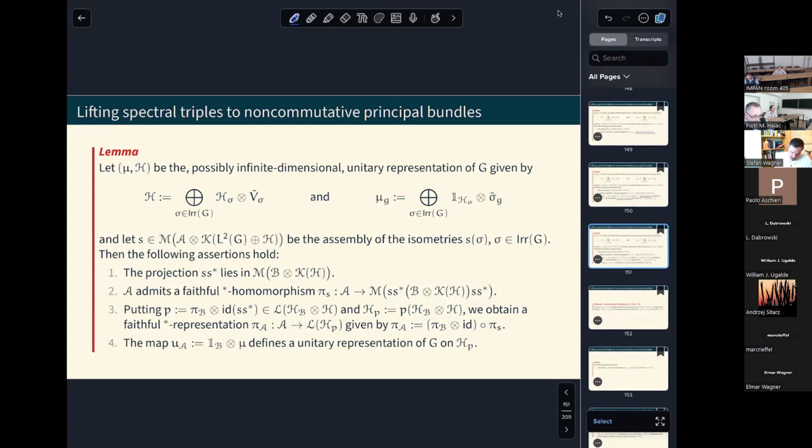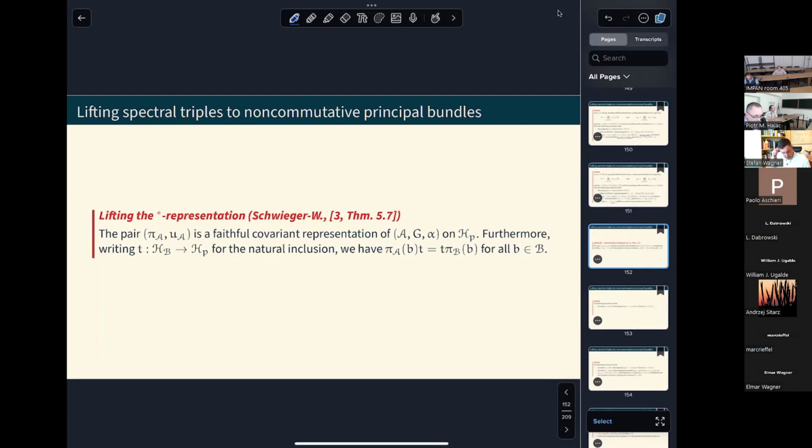How do I do this? I just tensor U with 1B. And then it's easy to see this is a unitary representation. So what I'm saying here is that the pair consisting of PA and UA is a faithful covariant representation, and it extends the representation PB in this sense here. Okay, so this is the second step.